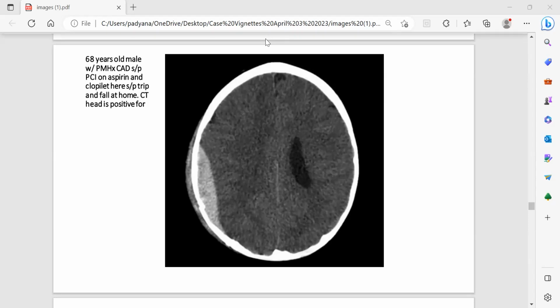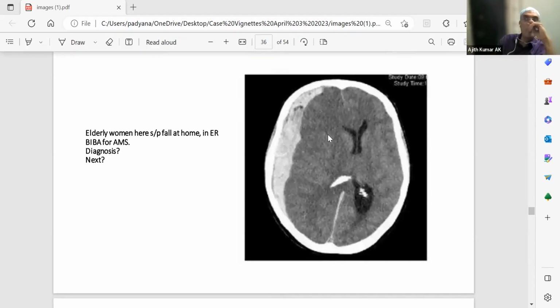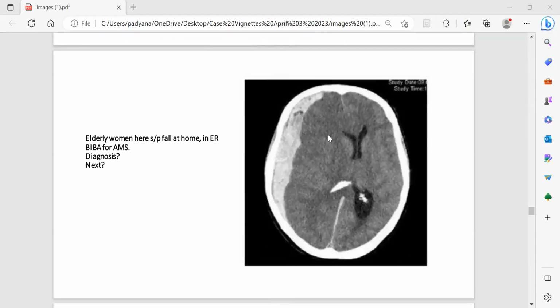Then quickly you go to the next slide. Any intracerebral event, you should not forget to mention the midline shift. Right SDH.